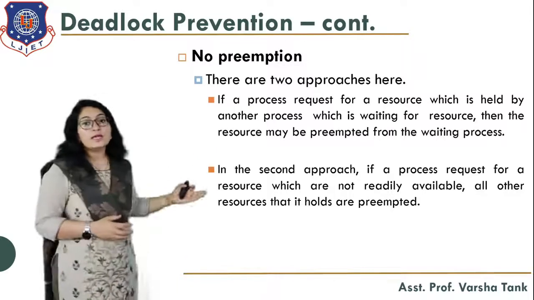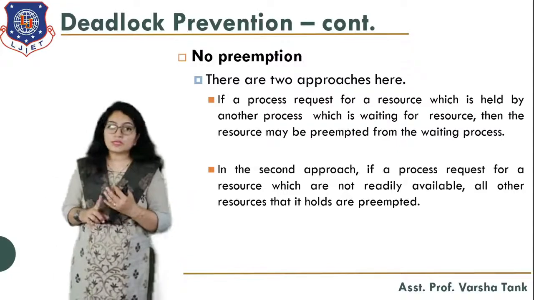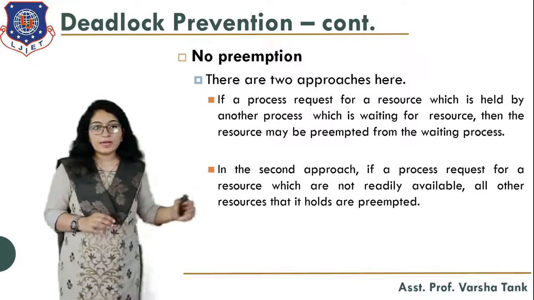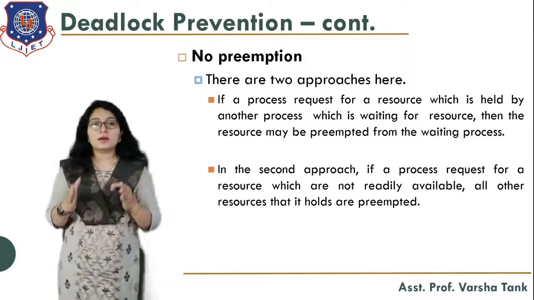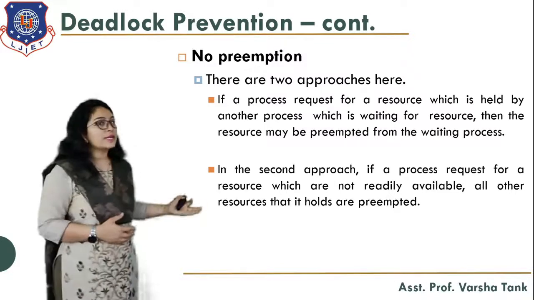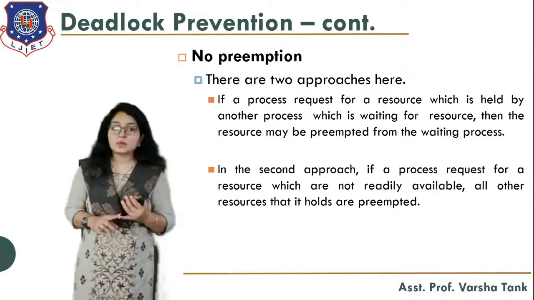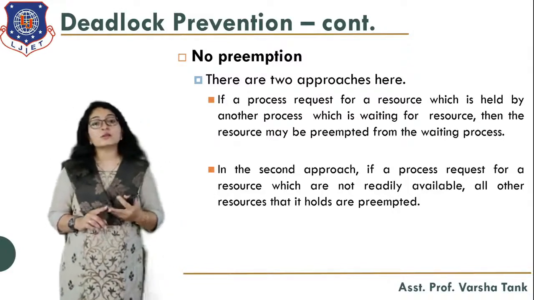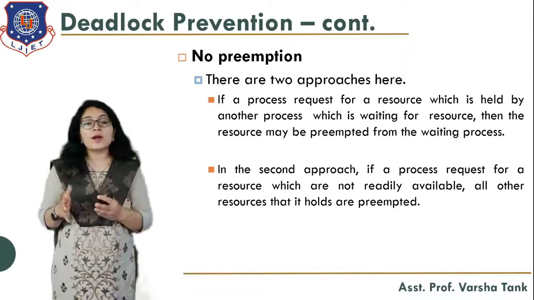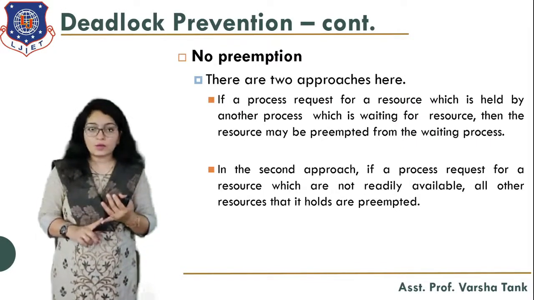Now next is what? In the second approach, if the process requests a resource which is not readily available, all the other resources that it holds are preempted. Okay, so this is the second scenario. What will happen? For example, process P1 is demanding the resource R2. Right now, the process has acquired the resources R1 and R5.